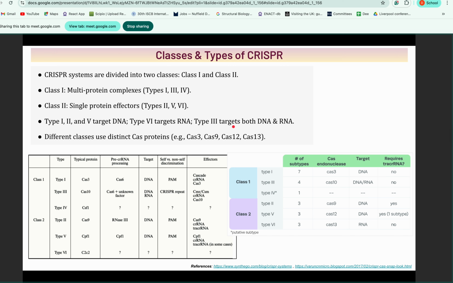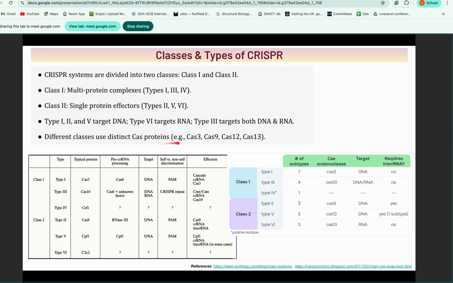So depending on what kind of virus is attacking, that particular type of CRISPR system will attack it. If it is a DNA virus, then type 1, type 2, and type 4 will be the CRISPR complexes which will attack it. And if it is an RNA virus, then type 6 will target it.